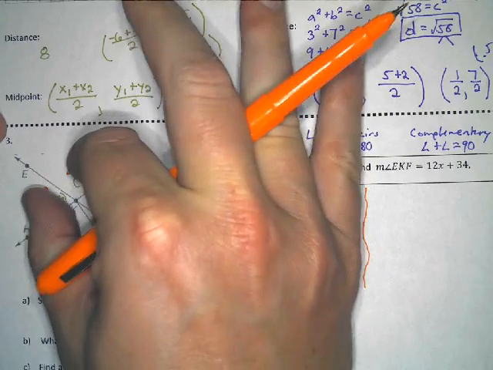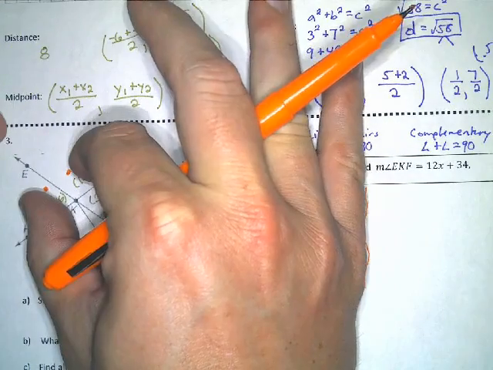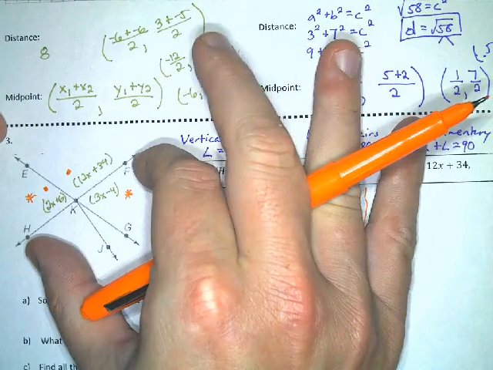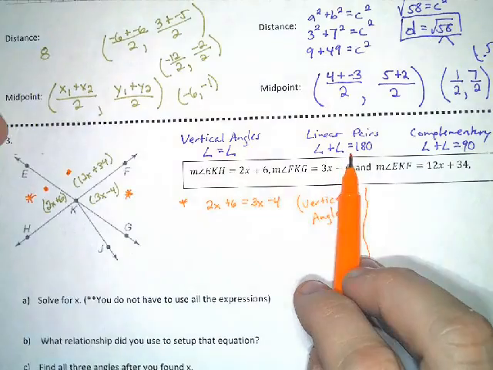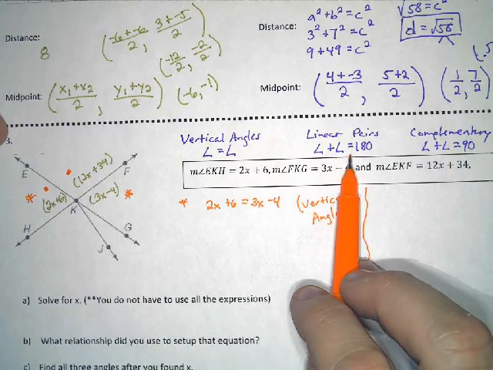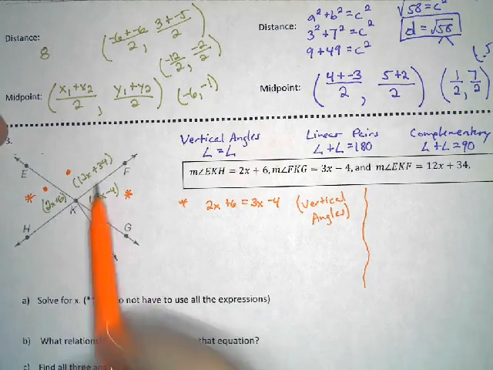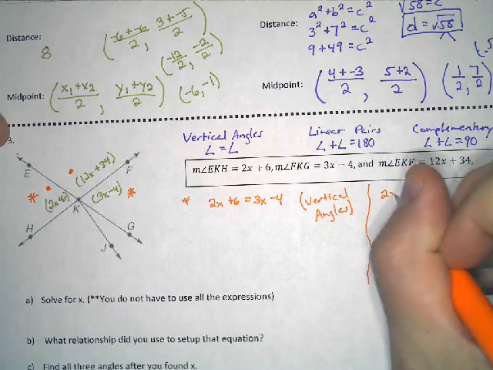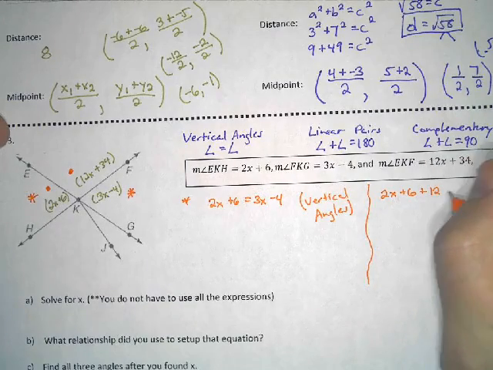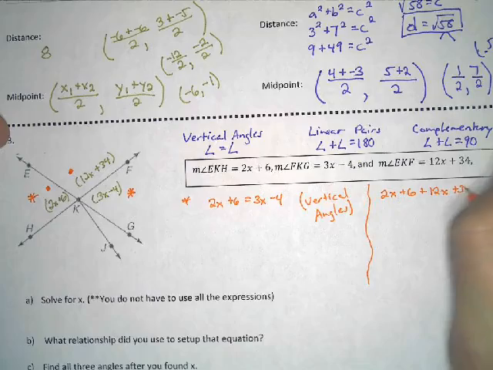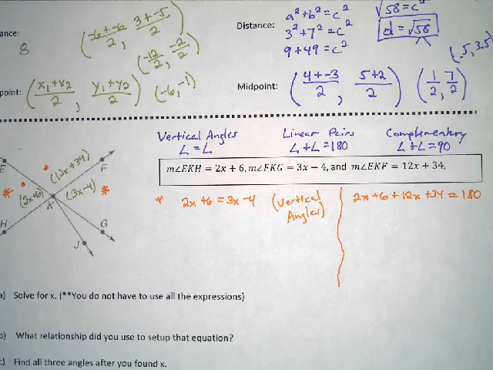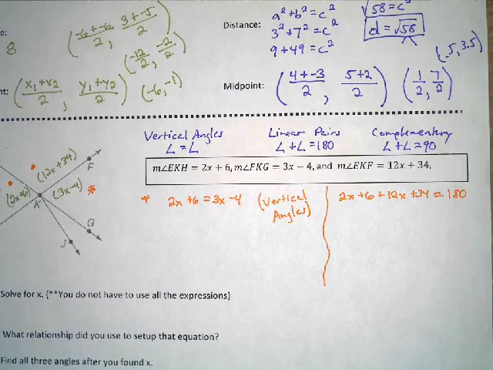Notice that these two angles that my pointer and thumb is on, make that 180 degree angle. So I can use the idea that those two angles plus angle equals 180. So I can set up this equation. Either one works. It doesn't matter which way you find x. I just want to show that they both work. This is because it is a linear pair.